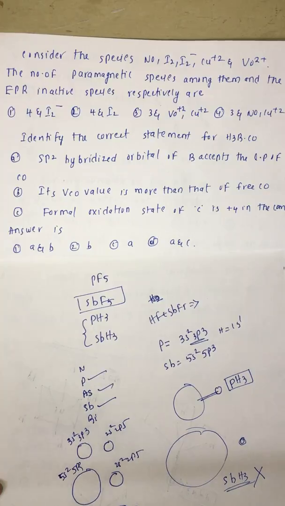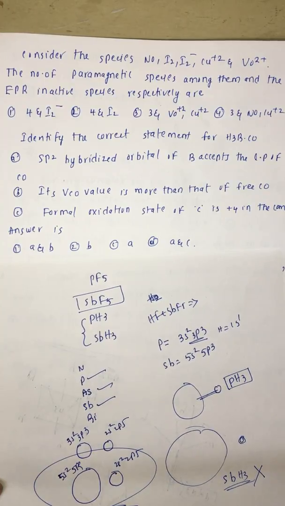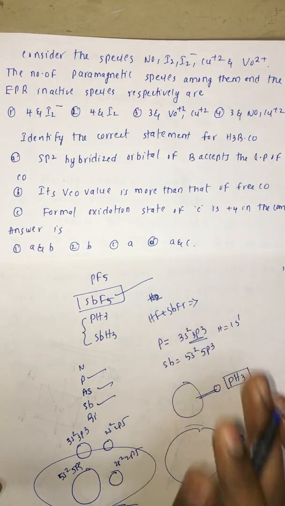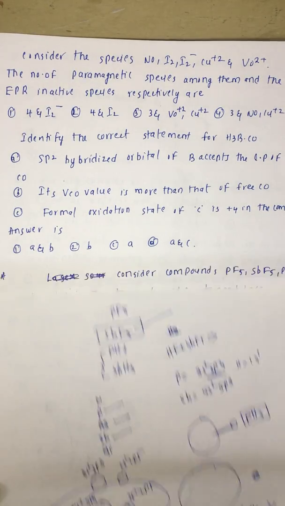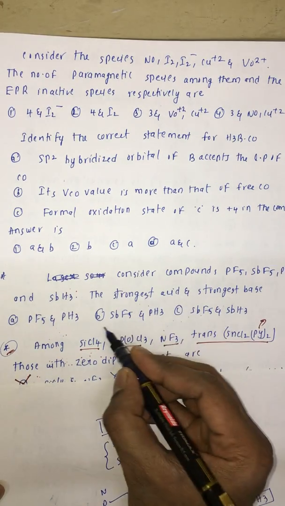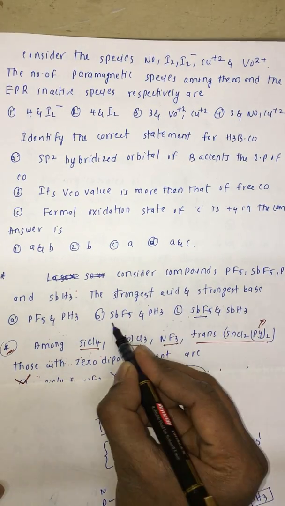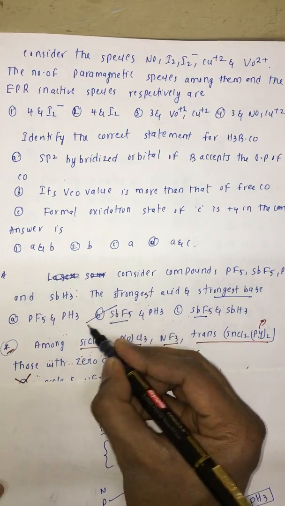So here also proper overlapping is not there, because of that it's acidic in nature. So SbF5, we know, is the strongest acid, so the strongest acid will be SbF5, and the strongest base will be PH3. The answer will be B.